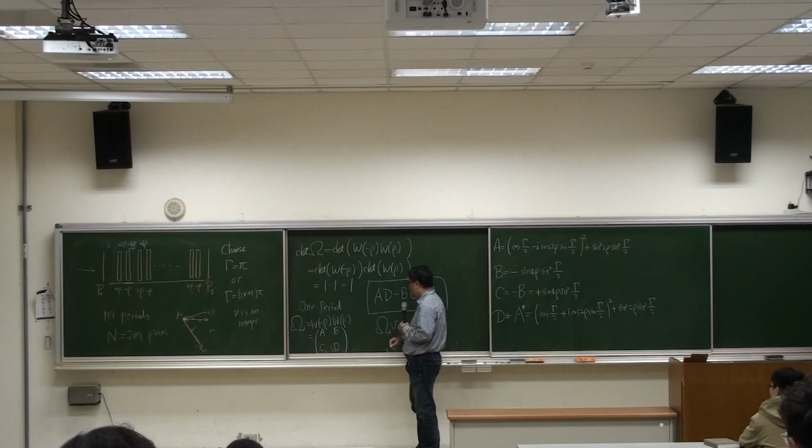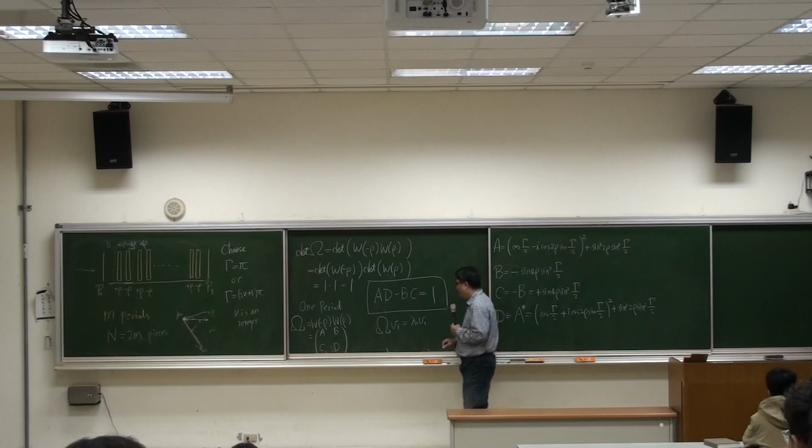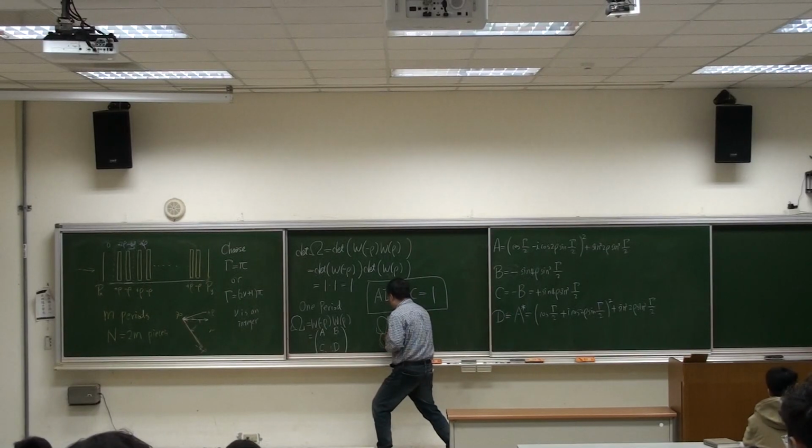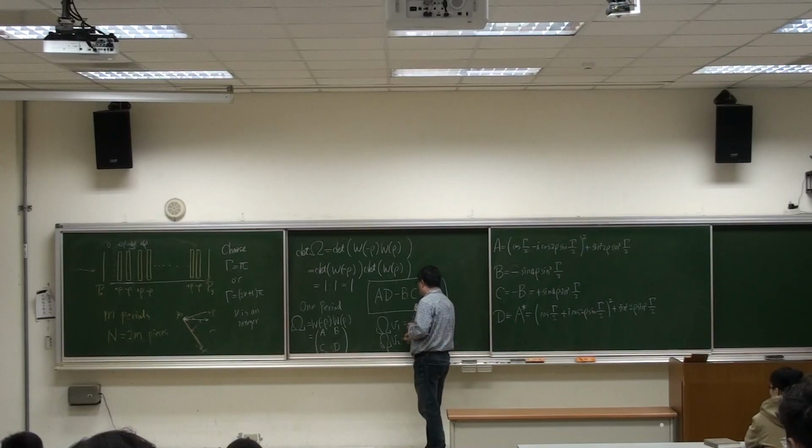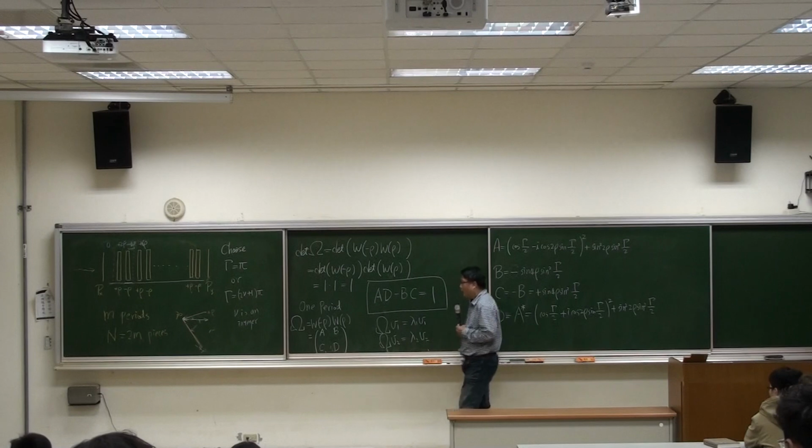Say the first eigenvector is v1, with eigenvalue lambda 1, and the second eigenvector is v2, with corresponding eigenvalue lambda 2.